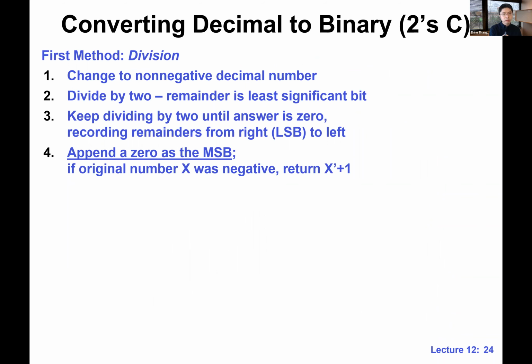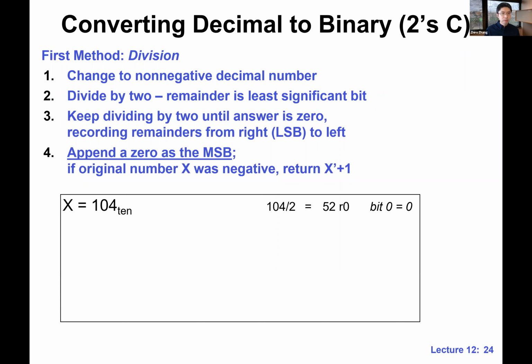Actually, there are two ways of doing this. One way is to do the decimal to binary conversion using the so-called division method. I'll first show you how this is done in an iterative fashion.